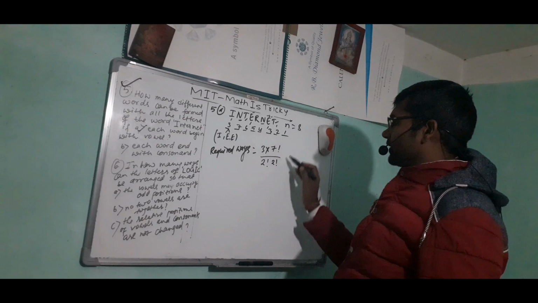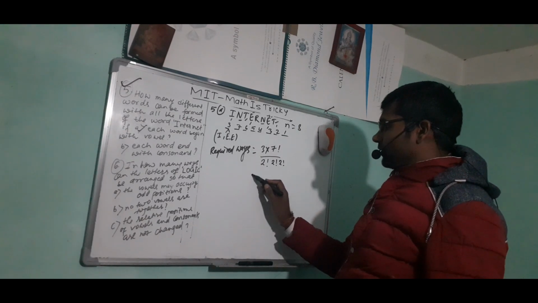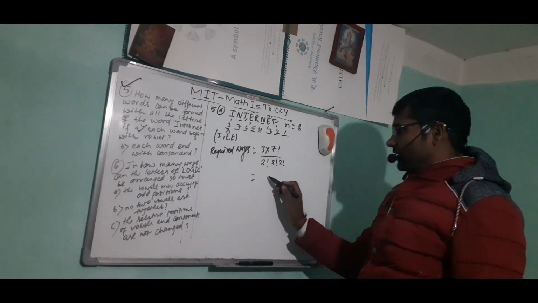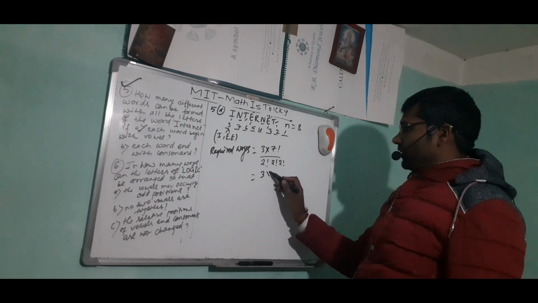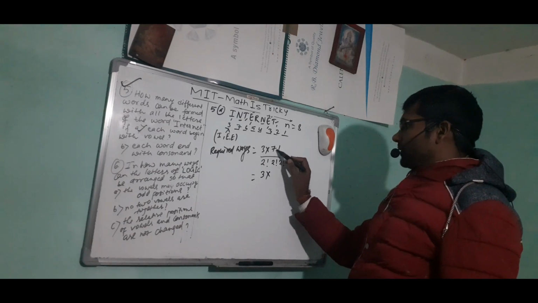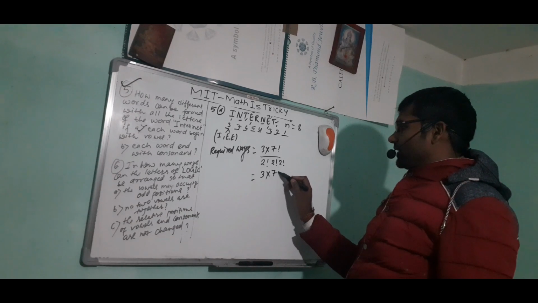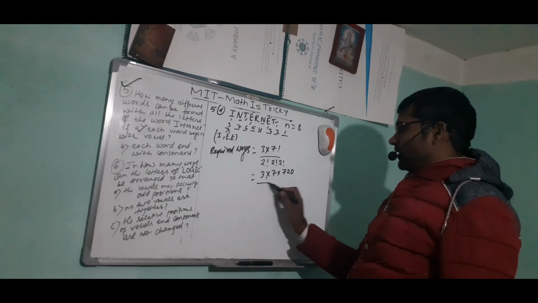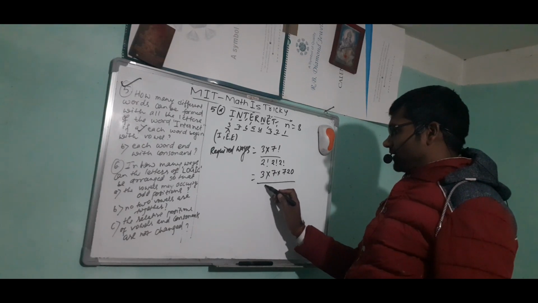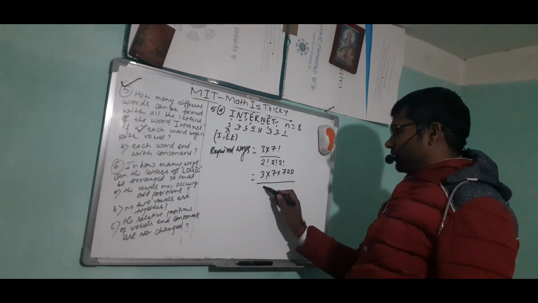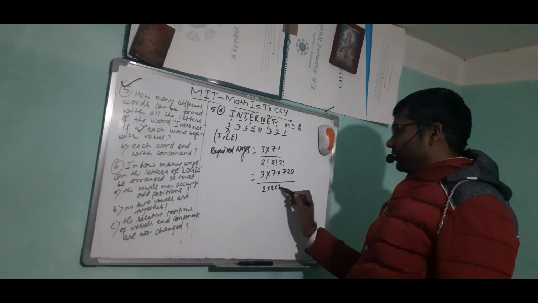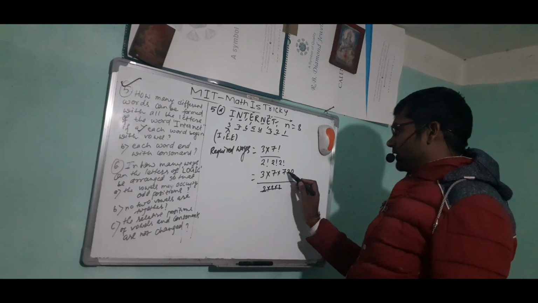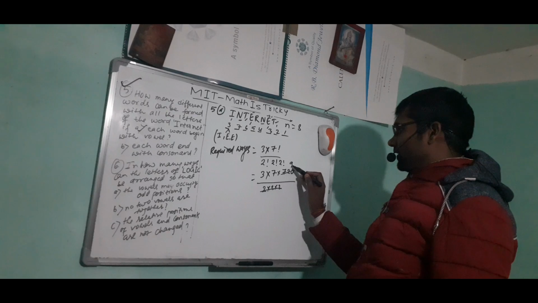So it is 3 into 7 factorial, which is 7 times 720, divided by 2 into 2 into 2, which is 8. 5040 by 8 is 630.